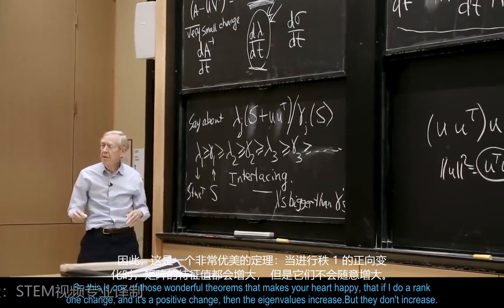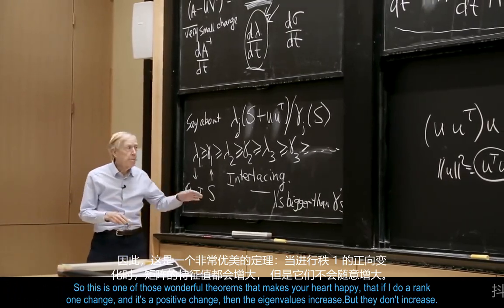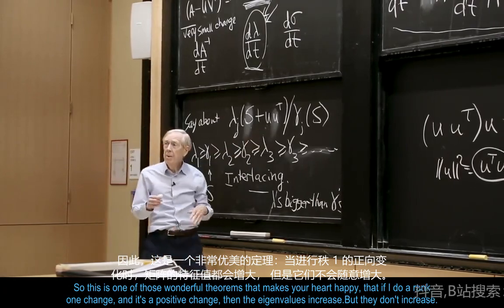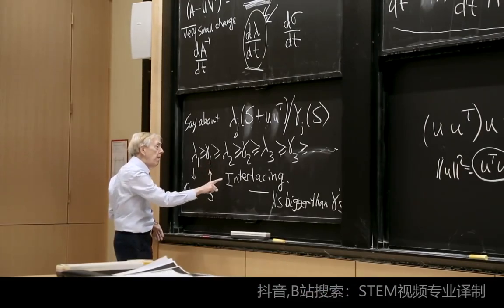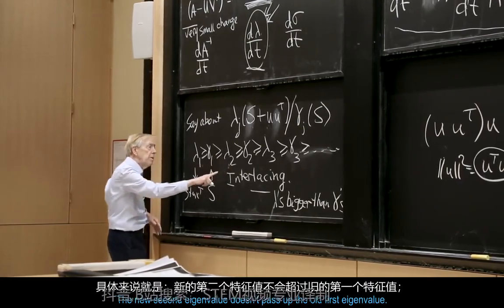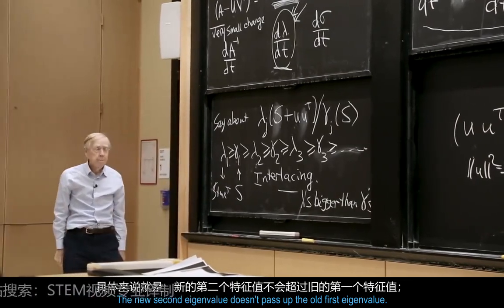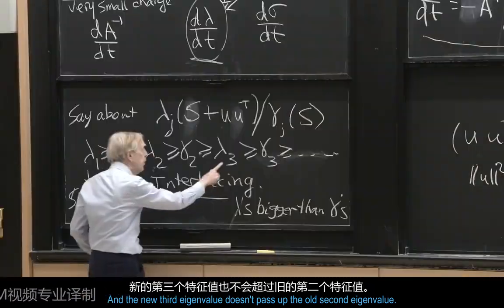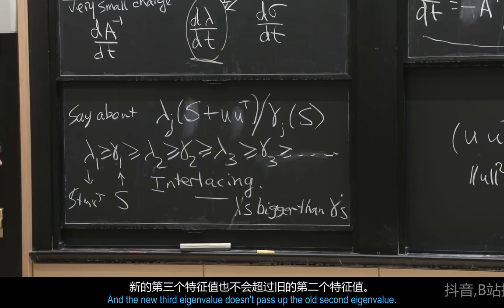So this is one of those wonderful theorems that makes your heart happy. If I do a rank 1 change, and it's a positive change, then the eigenvalues increase, but the new second eigenvalue doesn't pass up the old first eigenvalue. And the new third eigenvalue doesn't pass up the old second eigenvalue.